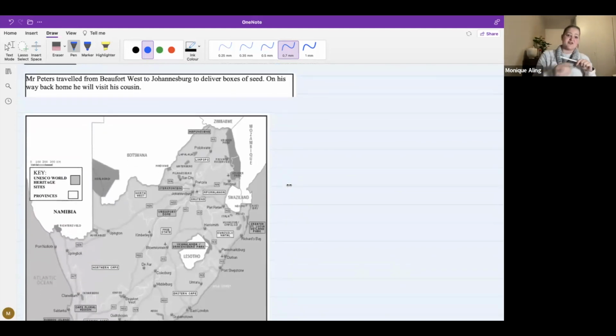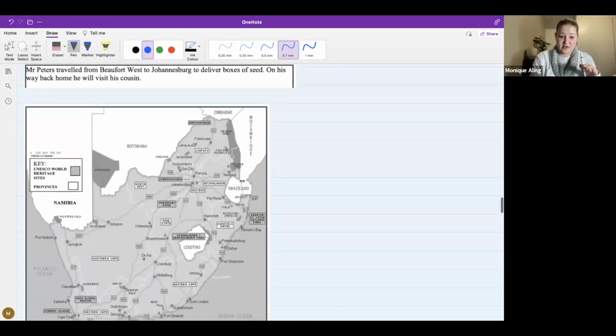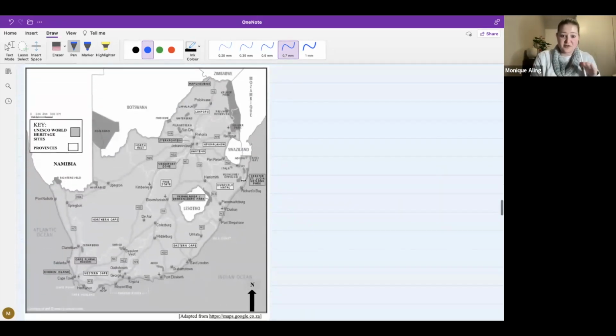So Mr. Peters traveled from Beaufort West to Johannesburg to deliver boxes of seed. On his way back home, he will visit his cousin. So all we need to know is that he's going from Beaufort West to Johannesburg. I might have to zoom in and out of this map to see everything clearly. So we have a map of South Africa.